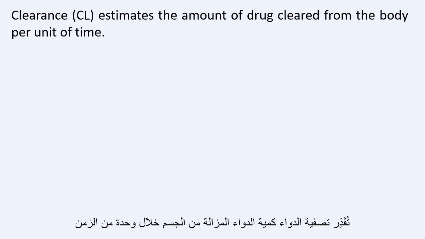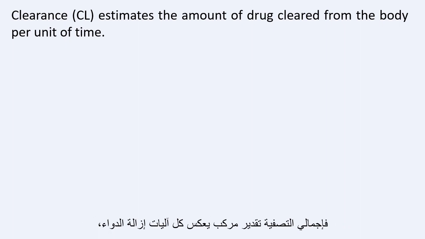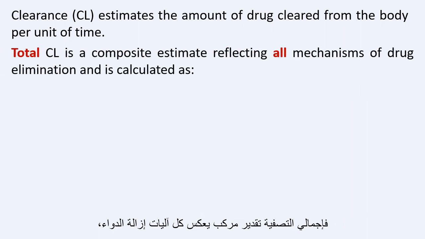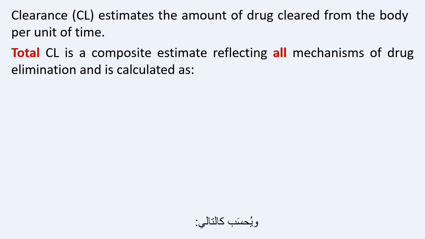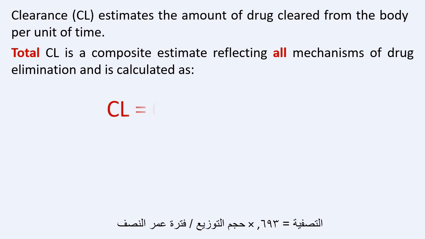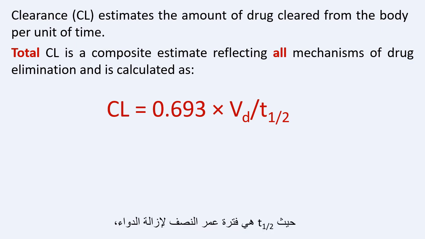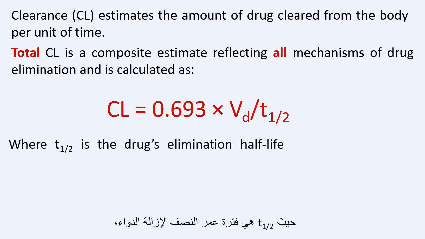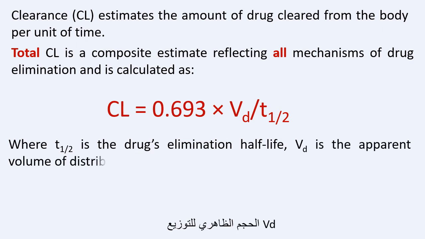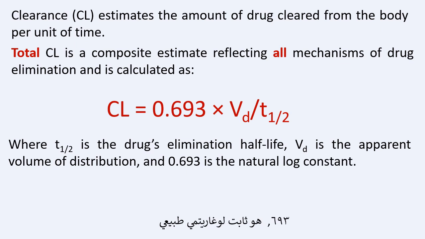Clearance, CL, estimates the amount of drug cleared from the body per unit of time. Total CL is a composite estimate reflecting all mechanisms of drug elimination and is calculated as CL equals 0.693 multiplied by VD and divided by T-half, where T-half is the drug's elimination half-life, VD is the apparent volume of distribution, and 0.693 is the natural log constant.